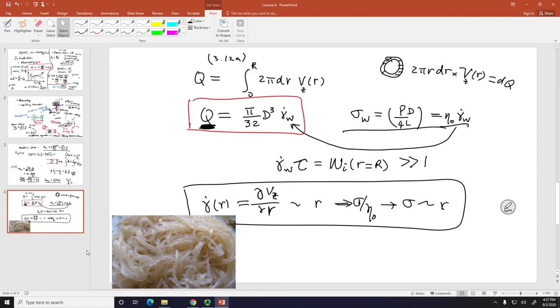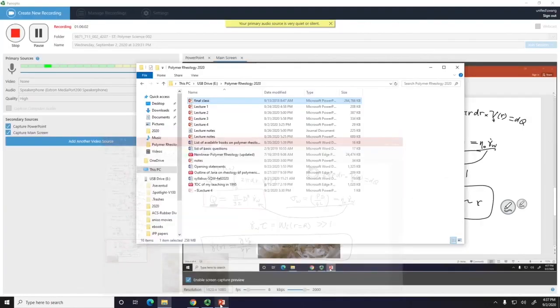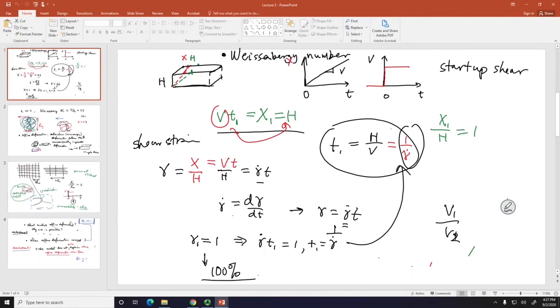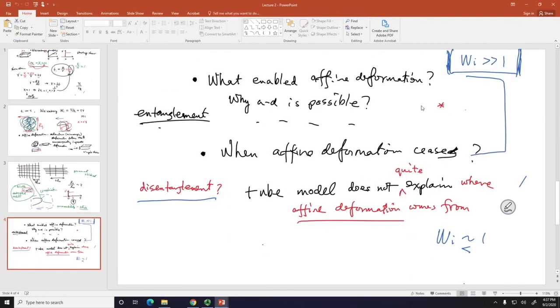We talked about affine deformation before. Did we talk about affine deformation? I think we talked quite a bit about that, right? It's here we discussed it.